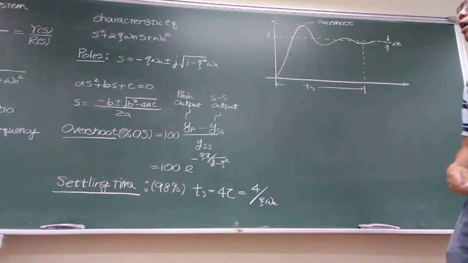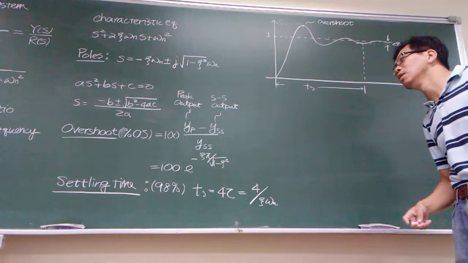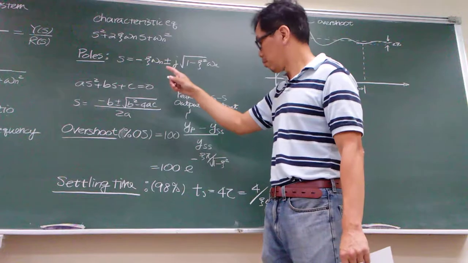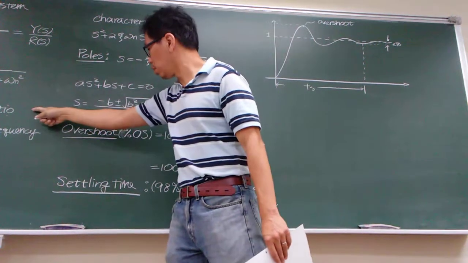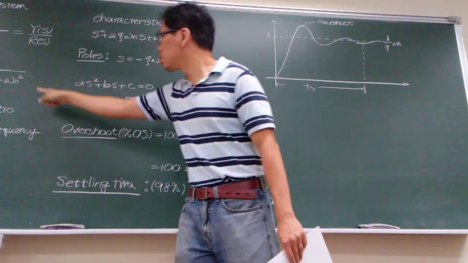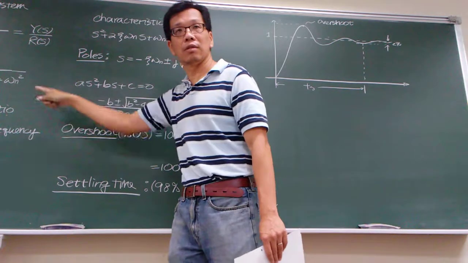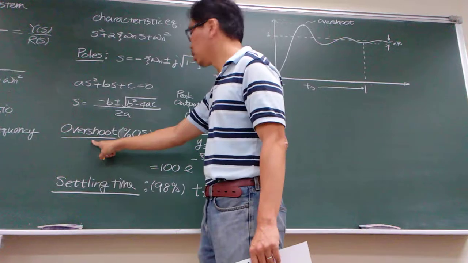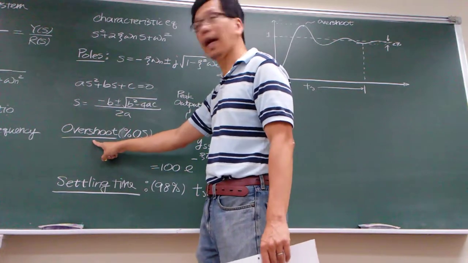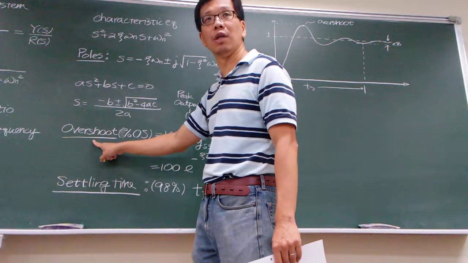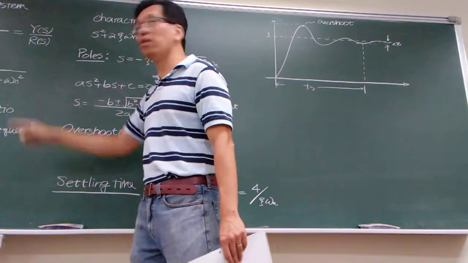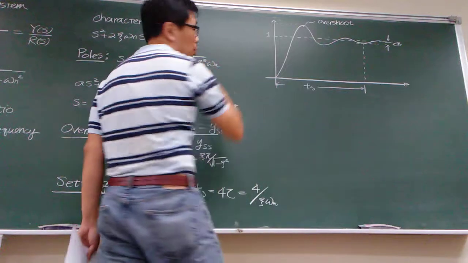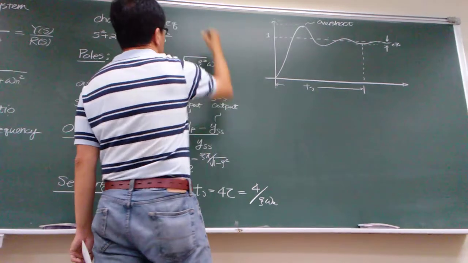No? Okay. Then we have something we need to discuss. One thing more important is damping ratio and overshoot. Those two things are connected. We're going to use another color. So overshoot is highly dependent on what your damping ratio is going to be. So go back to the equation we have in your test.